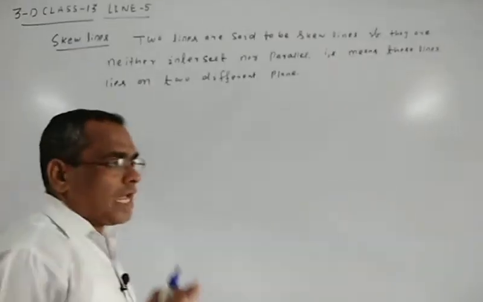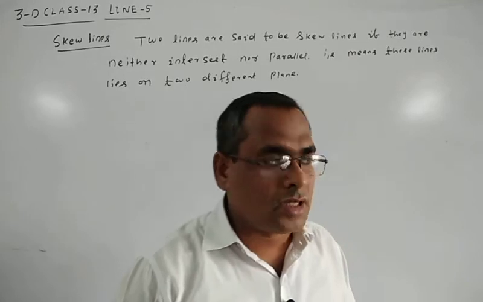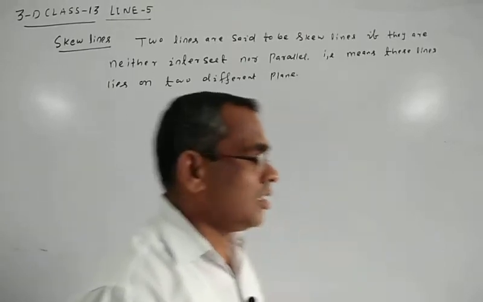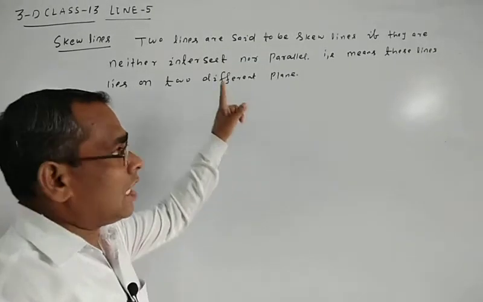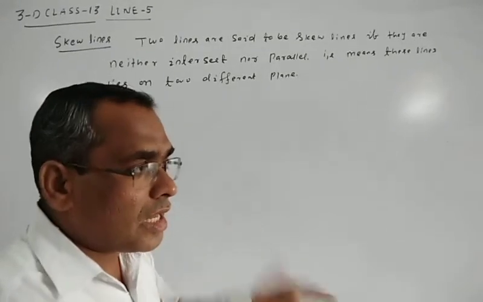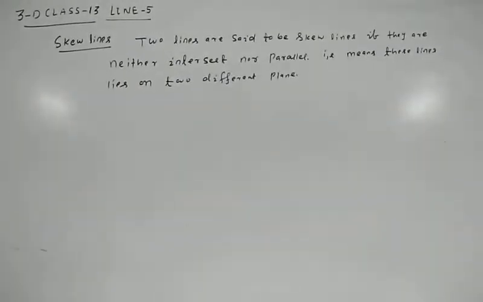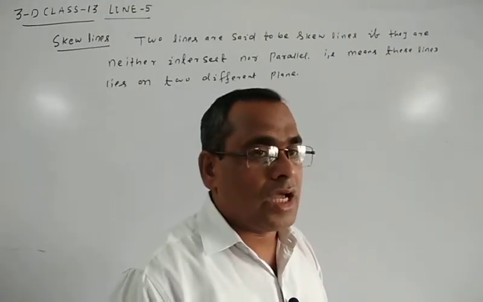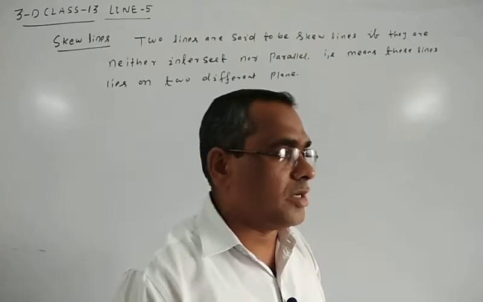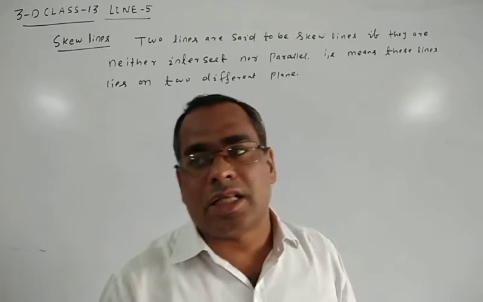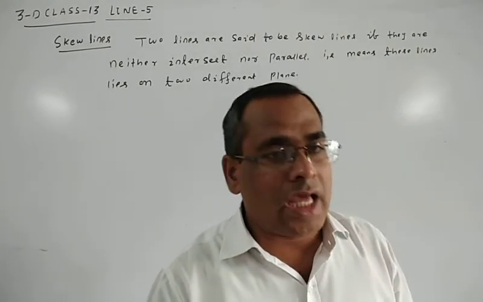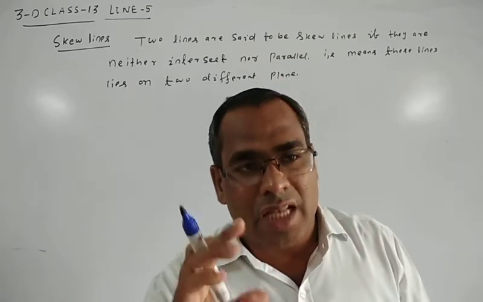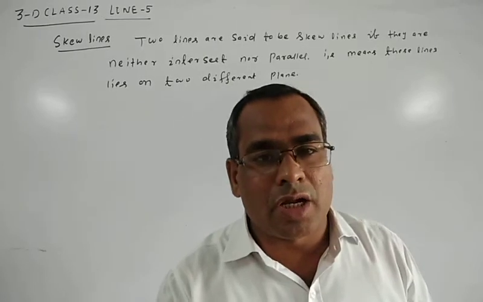If two lines lie on a plane and they are not parallel, they must intersect. But skew lines lie on two different planes; they are neither parallel nor intersecting. So what is the shortest distance between two skew lines? The shortest distance between two skew lines is the length of the line which is perpendicular to both of them.